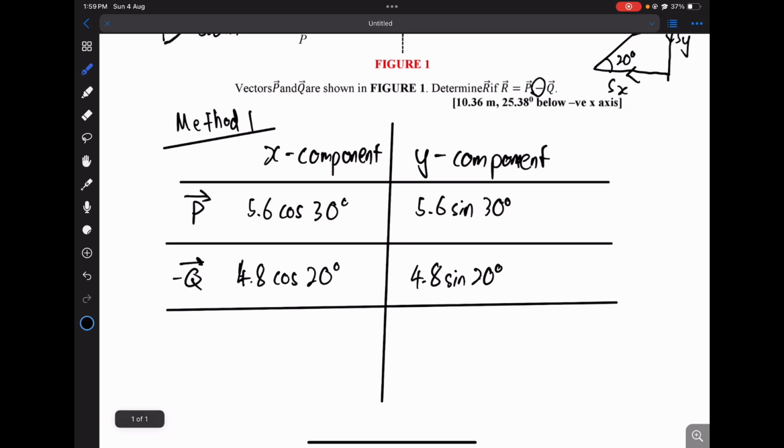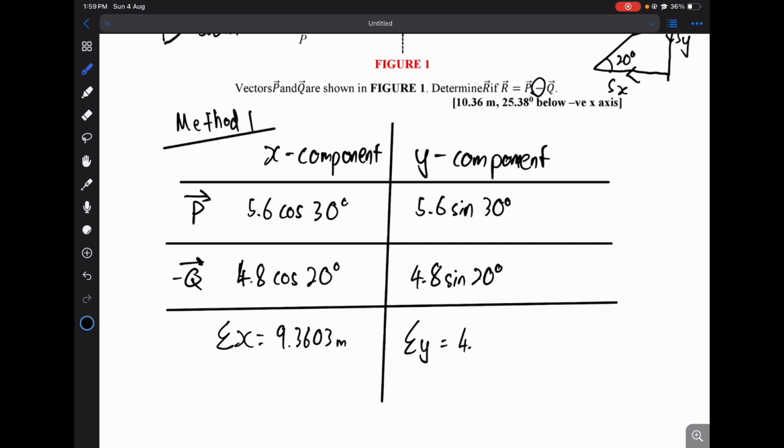Now we need to sum them up. The sum of the x component is 9.3603 meter, and the sum of the y component is 4.4417, also in meter.